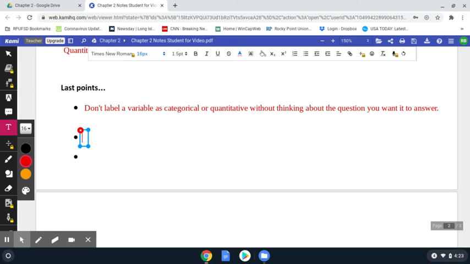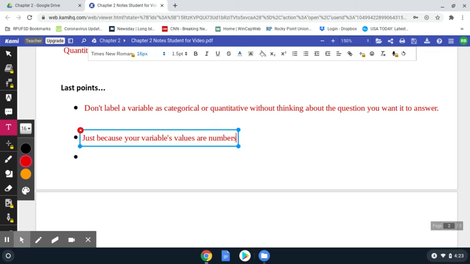So we're going to say, just because your variable's values are numbers, don't assume that it is quantitative.